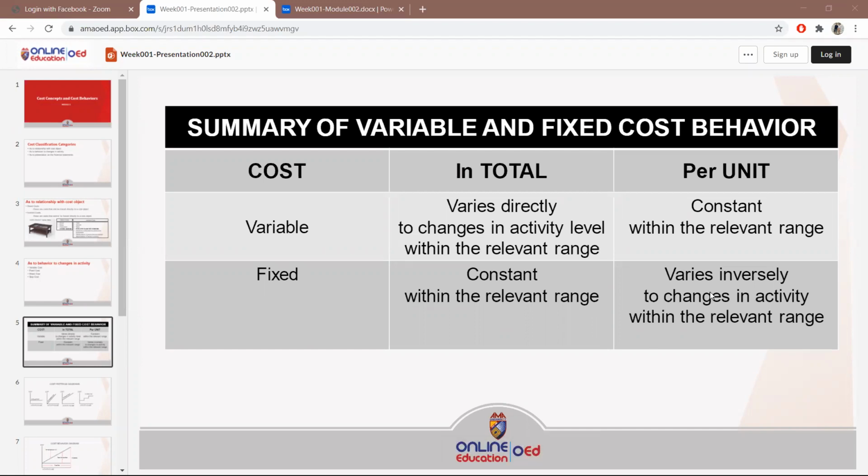Varies inversely to change in activity within the relevant range. So, kung signo naton, gusto naton i-measure la an rent divided by the number of production. Siyempre, matikaguti it per unit. Kay total rent natin, siguro natin 50,000.